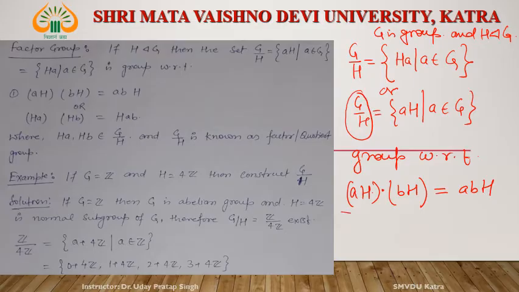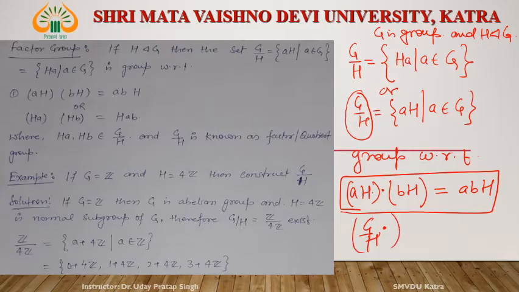With respect to this operation, G by H forms a group, and this group is known as a factor group or quotient group.